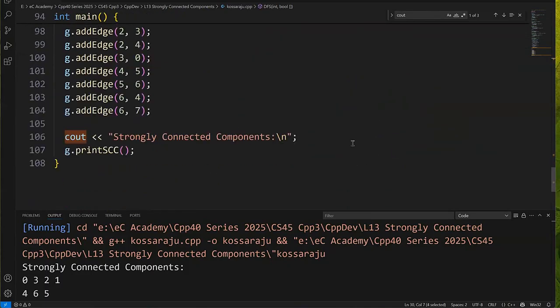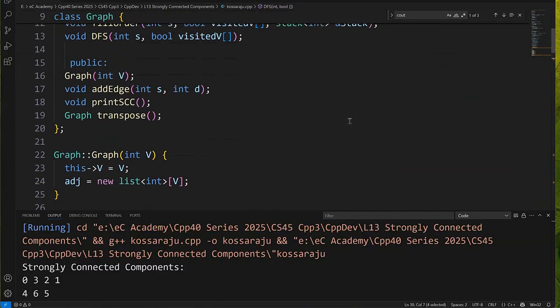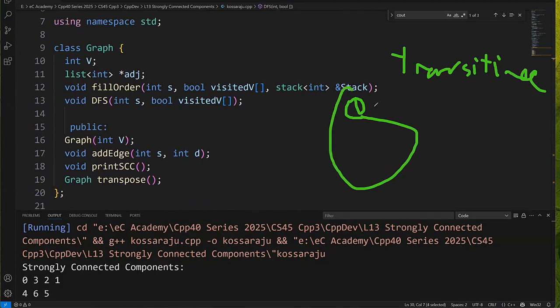So this one is an example of the reverse strongly connected component. Strongly connected components are usually used to check if you have a transitive relationship. That means this whole group is something you can visit, and there are other groups you can visit.